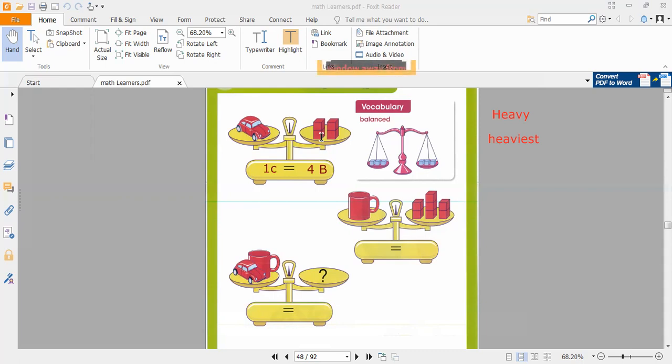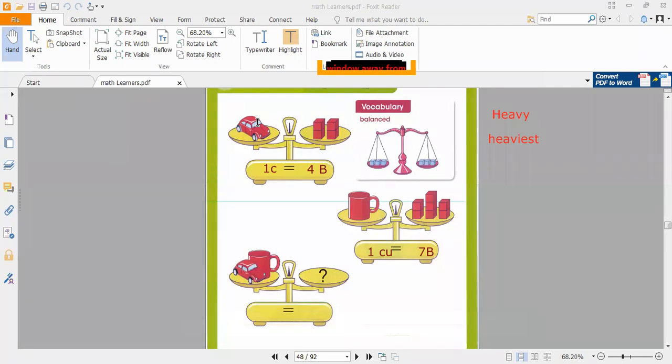Okay, now in the next picture we have 1 cup equals how many blocks? Cup, we are going to say it CU. How many blocks are there? 1, 2, 3, 4, 5, 6, 7. 7 blocks. So this means that a cup is heavier than one toy car.